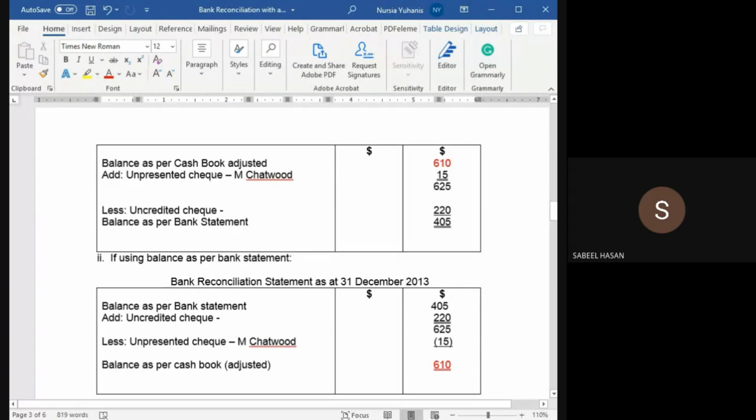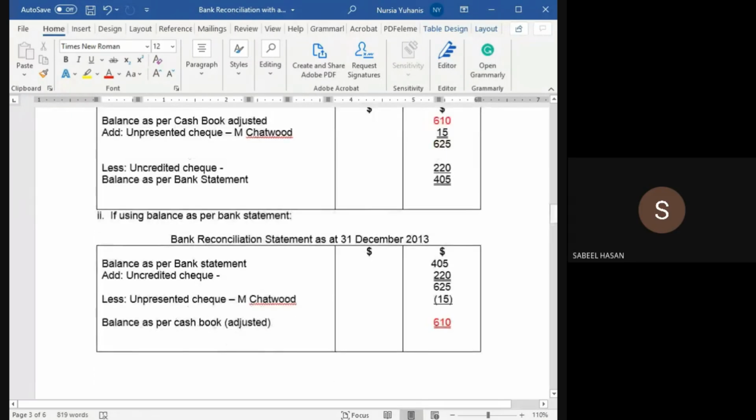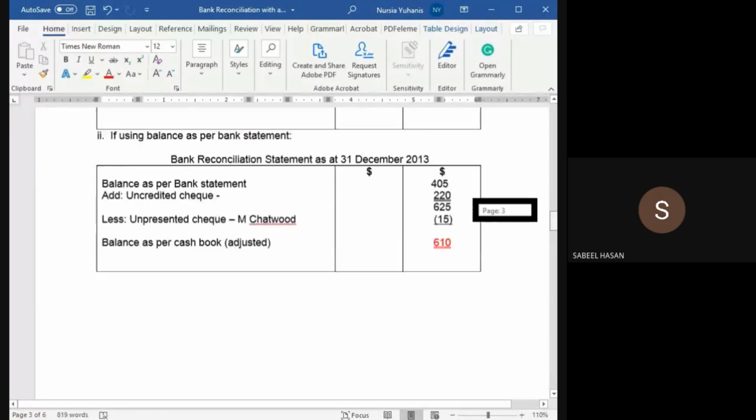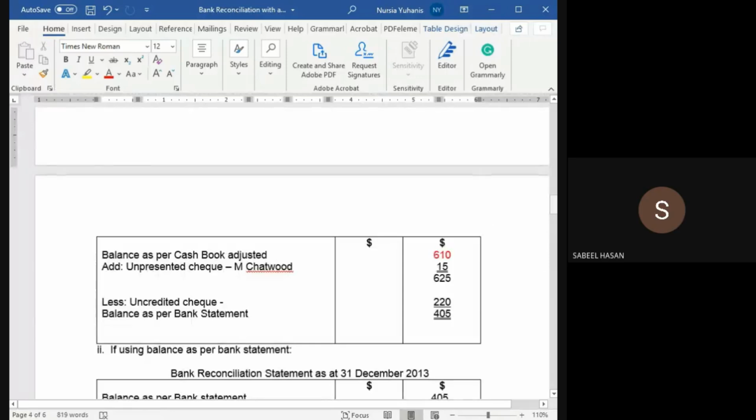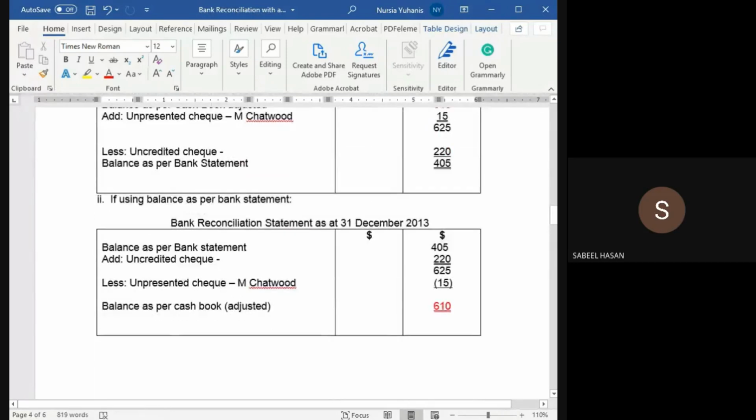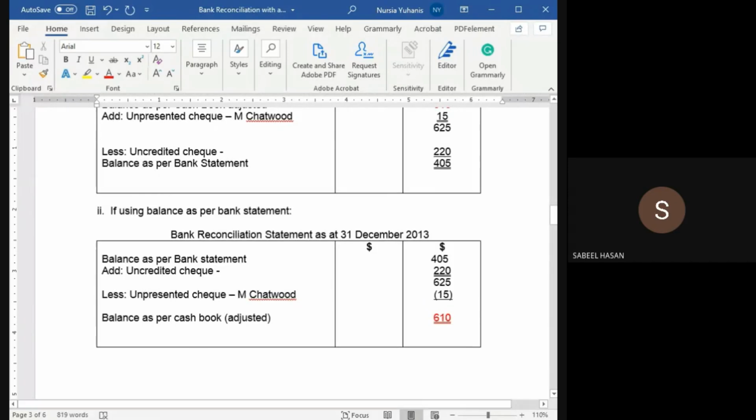So now we have the second method, if you use the balance as per bank statement. This one is different, but simple. If you start with your balance per bank statement, then it is a must to prepare the adjusted cash book.